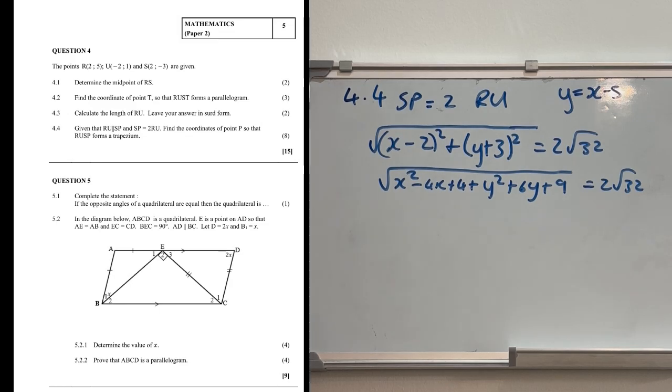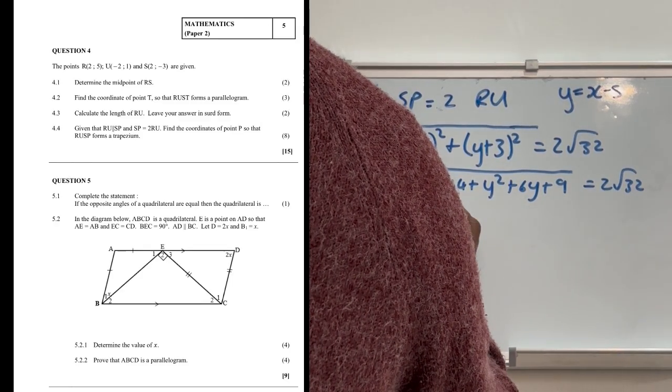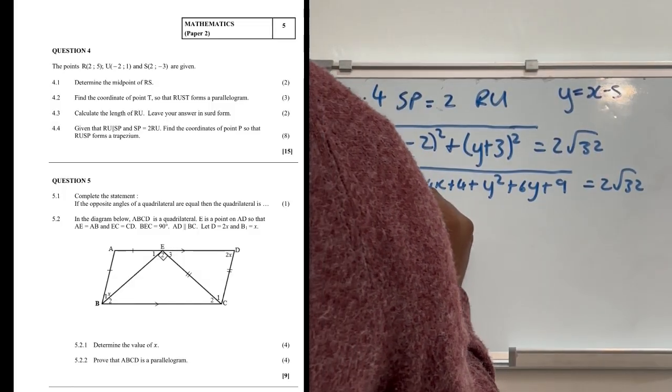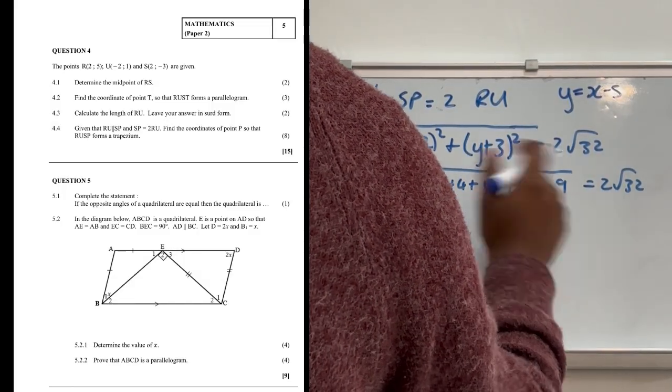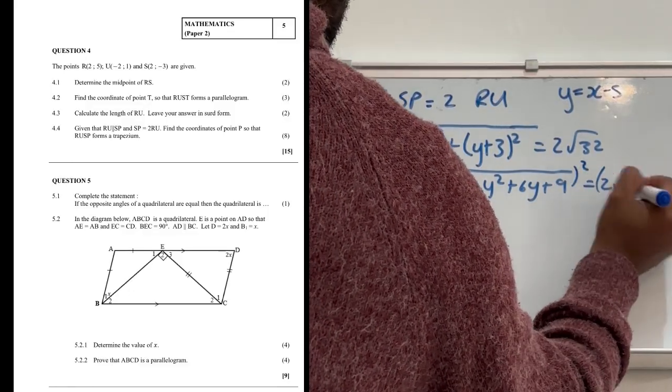Then we can solve this by squaring both sides to get rid of the brackets.